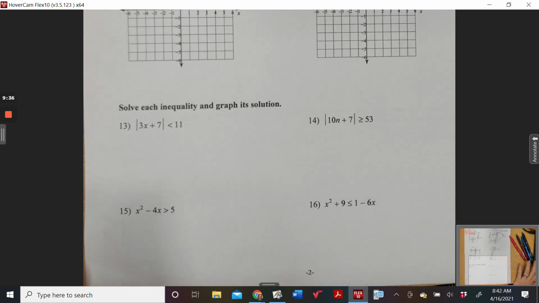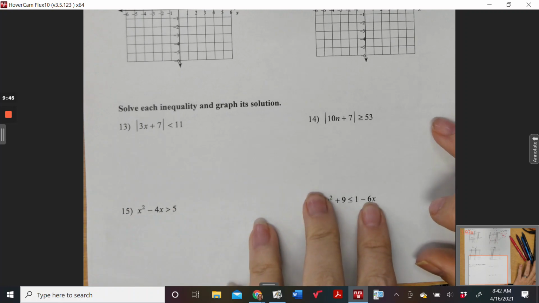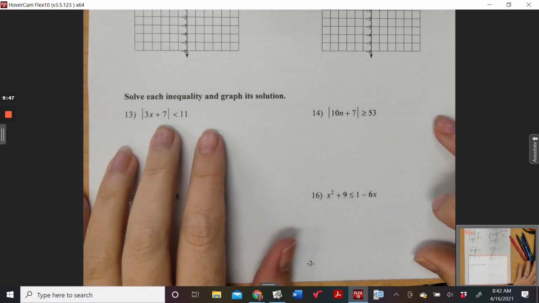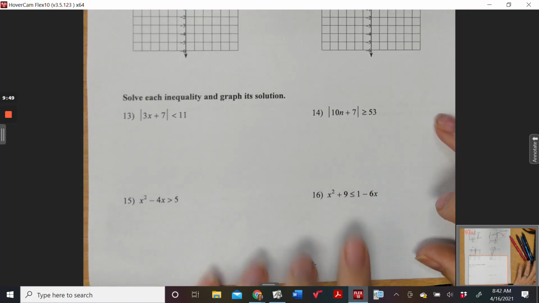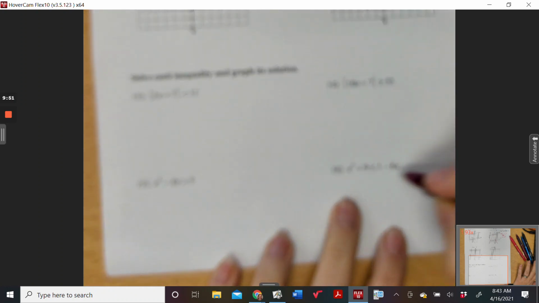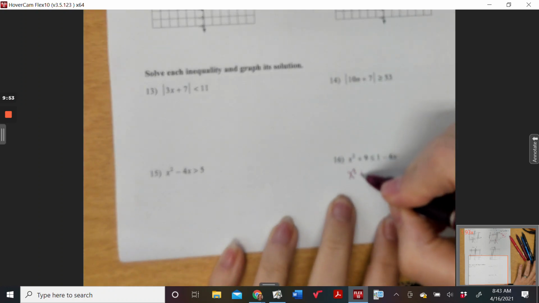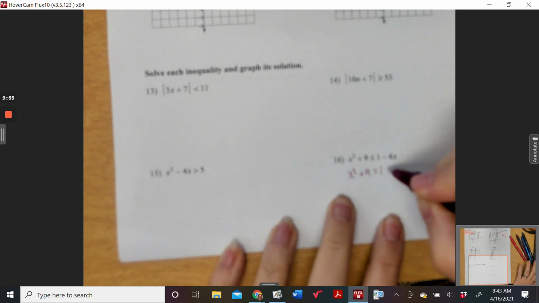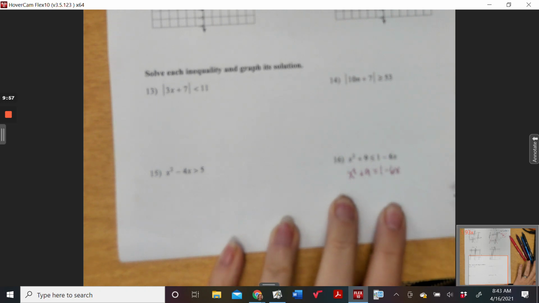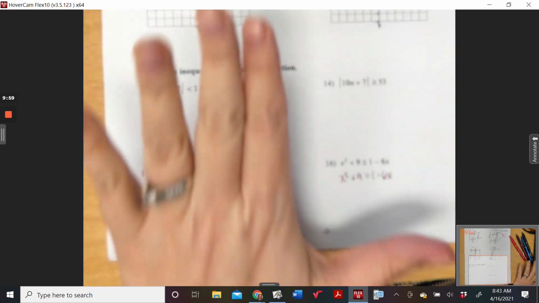It really, really is. The first thing you do is pretend, okay? And with the 15 and 16, it's straightforward pretend. Let's start with 16. First thing I do is pretend it's an equal sign.